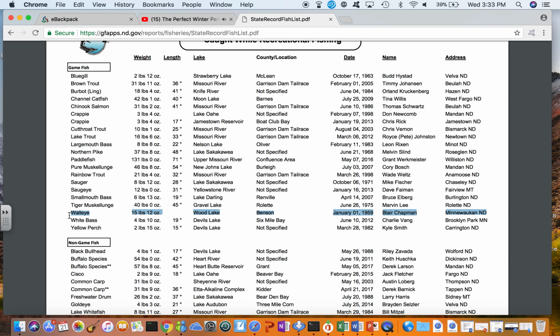And the interesting story behind it is technically this walleye was not caught; it was found. It was found on the shores of Wood Lake. The guy got it weighed, and it somehow is still our state record. There's been a lot of controversy around it. So it's an interesting story. If you guys are walleye fishermen, there's plenty of information on it. So you can go look that up.